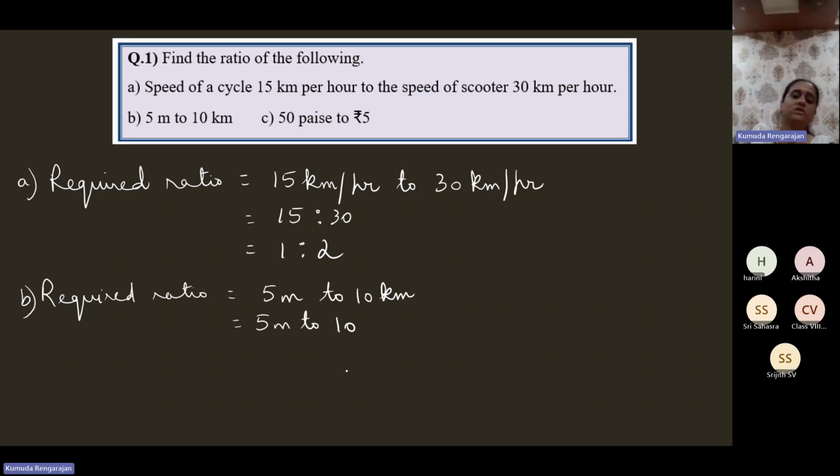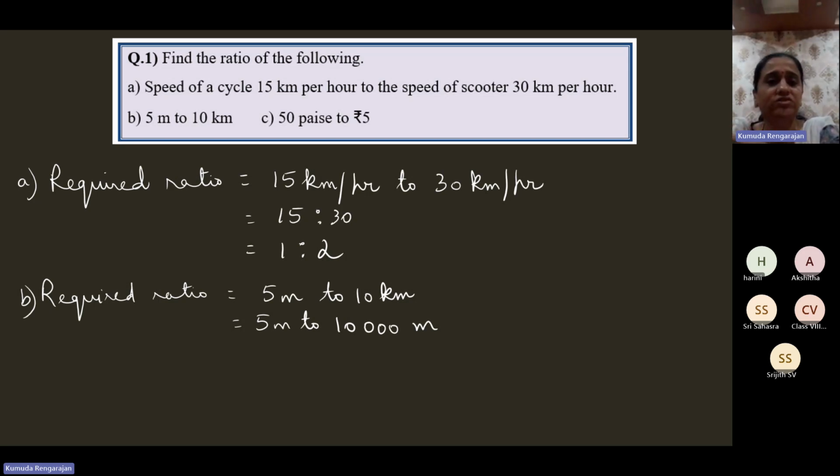How do you convert kilometers to meters? Add 3 zeros. Whenever you find ratio, the numbers involved must have the same unit. A ratio is comparing two or more quantities with the same unit.